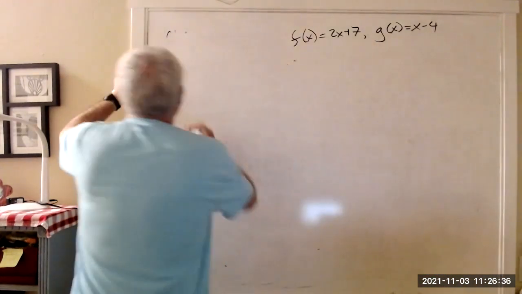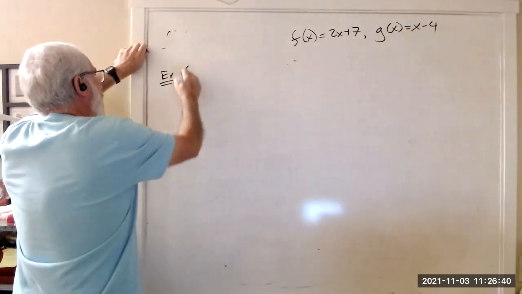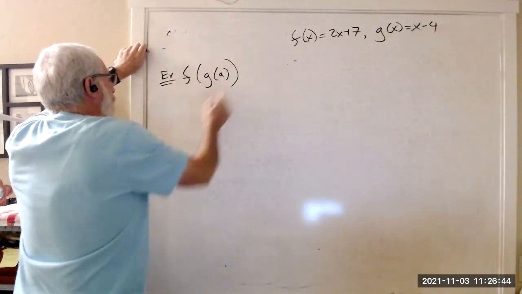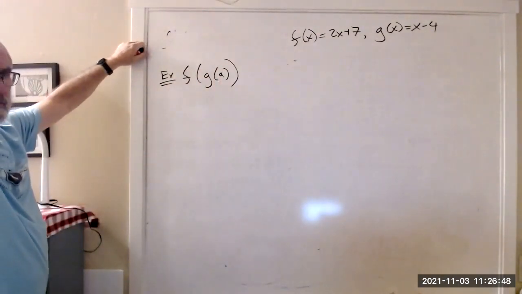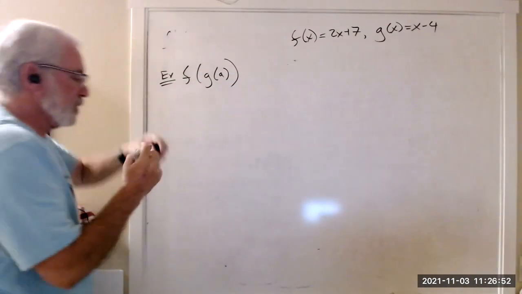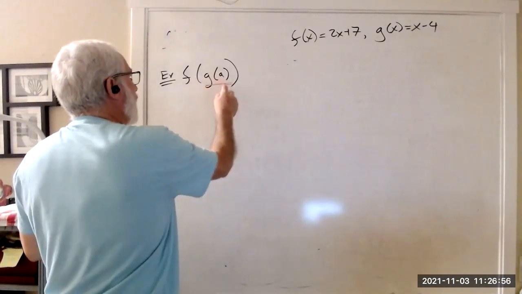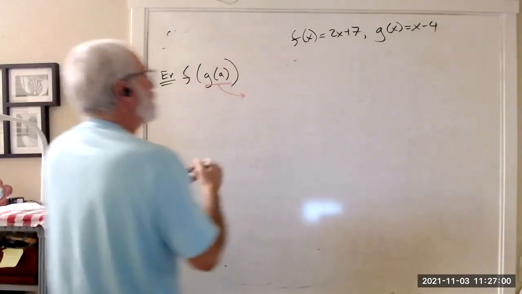What if I ask you to find F of G of A? Uh-oh, I'm going to do it for you. I'm going to show you how. No numbers. Holy crap. So what's the first thing I do? I take A and plug it into G. Well, how do I do that?